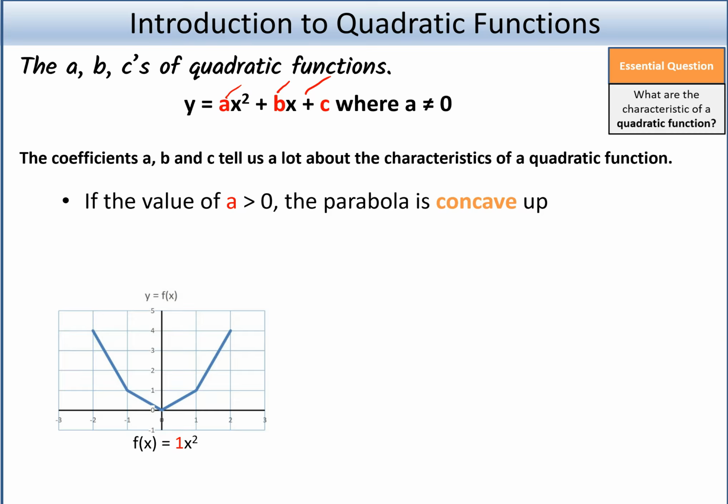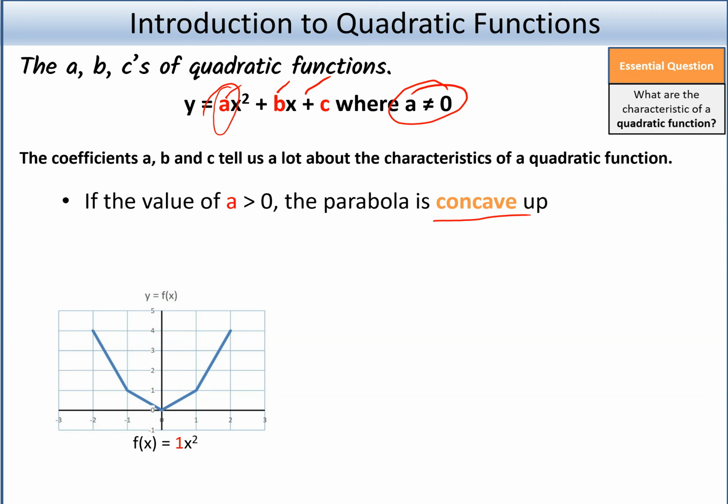So the first thing we notice about a quadratic function is we can tell if it's concave up or concave down based on the sign of the coefficient a. So if the value of a is greater than 0, the parabola is concave up. And remember, if it's 0, then we no longer have a quadratic function.